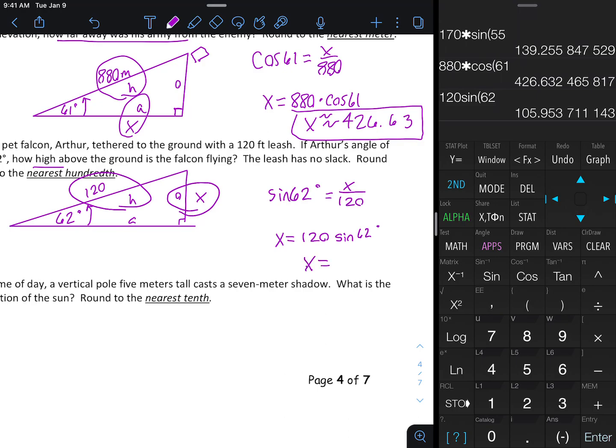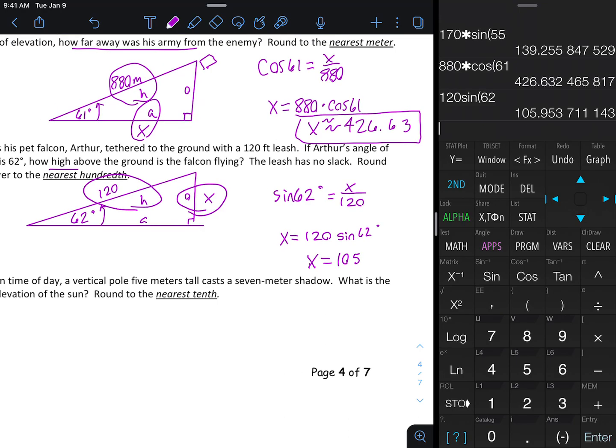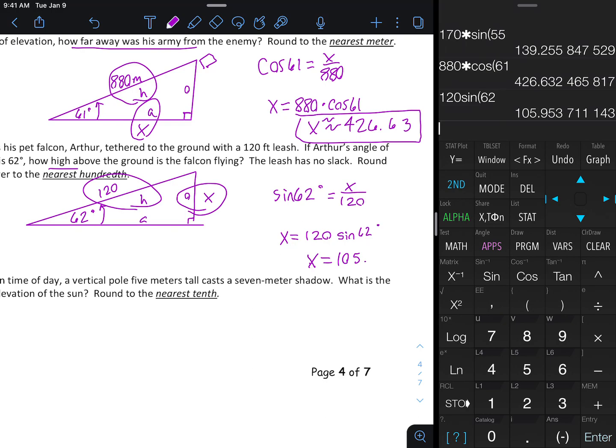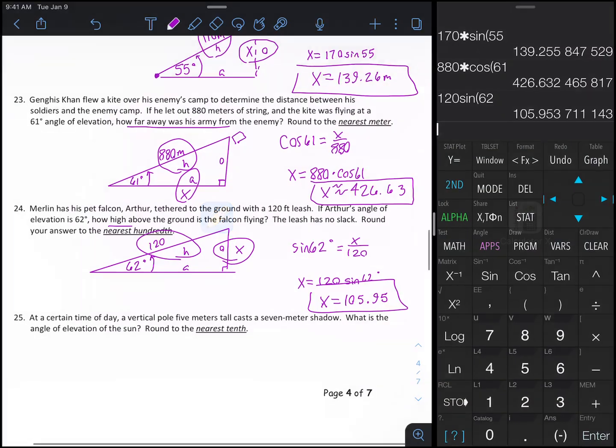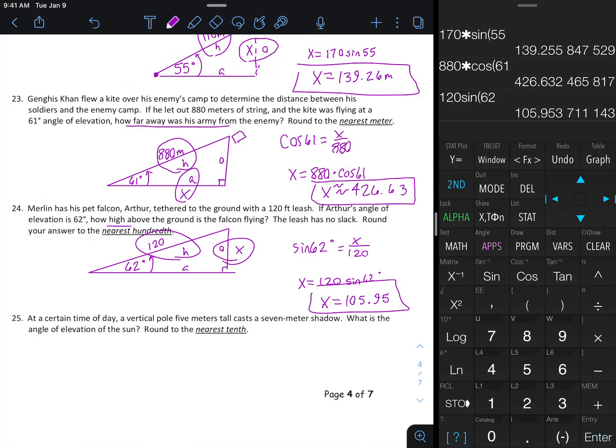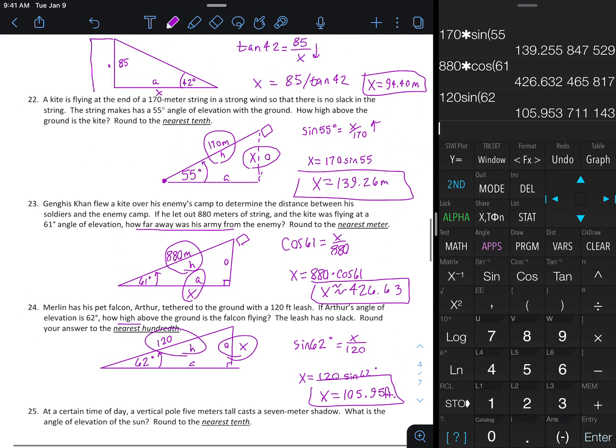That's roughly 105. Let's actually round this properly. Nearest hundredth is 2 decimal places. So we'll go back and round to 2 decimals right there, and that's good. And then units: that's in feet. Okay, and then let me go ahead and fix these other ones.